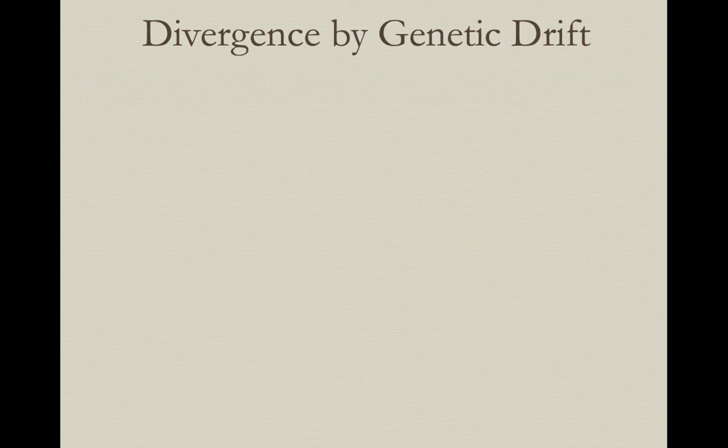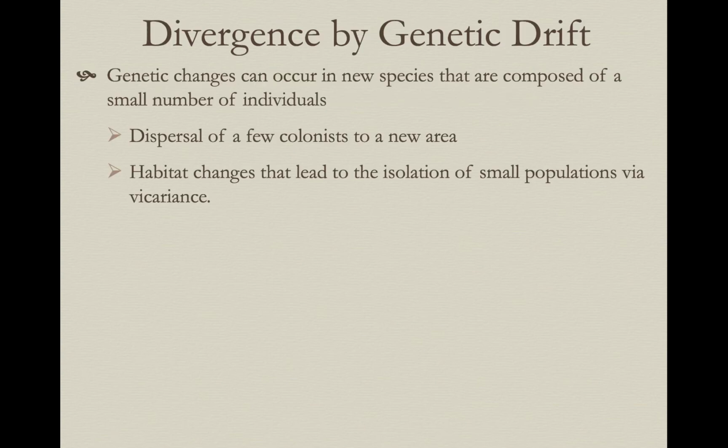So we may get genetic isolation between different lineages through allopatric or some sympatric mechanisms, but what happens then? First, we can have genetic divergence between these isolated groups through genetic drift. This is going to be particularly important in situations where there's allopatric speciation through dispersal, where you may have a few colonists establish a new population. Just that small number of individuals is going to lead to some genetic differences pretty quickly between the founding colonists and the ancestral species from which they come.